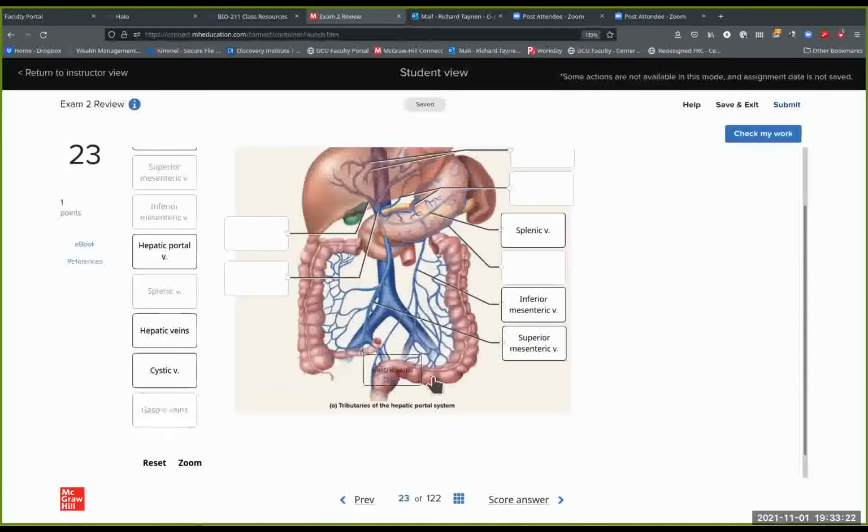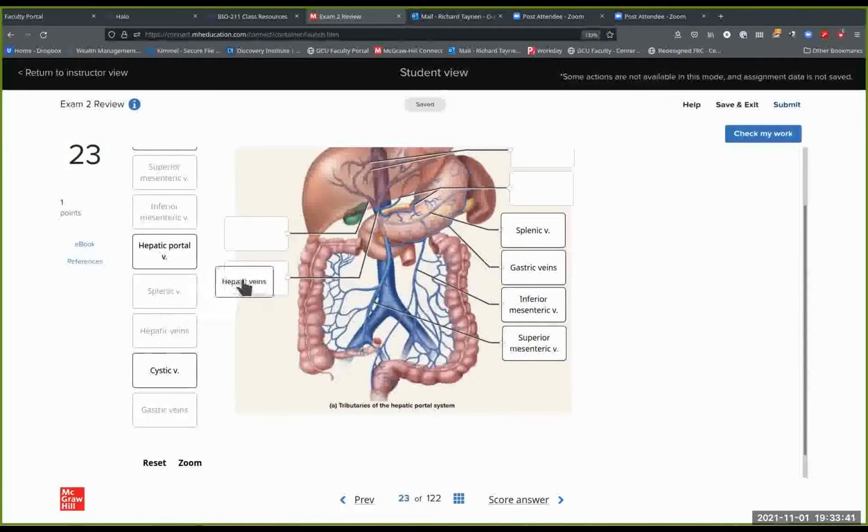And so this is the gastric vein. I apologize. So this runs into the hepatic portal vein.